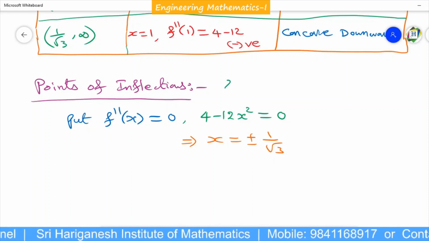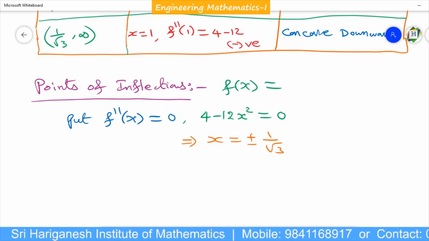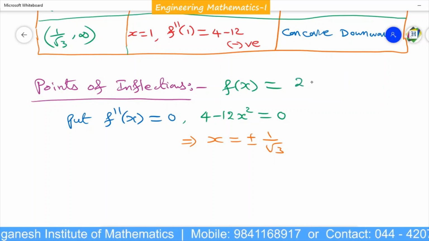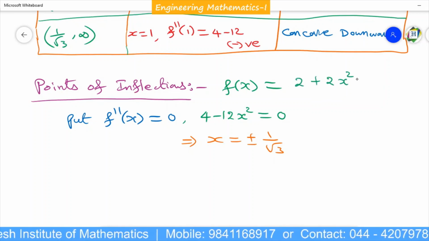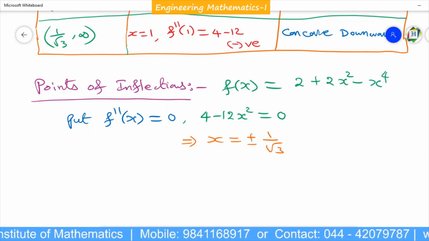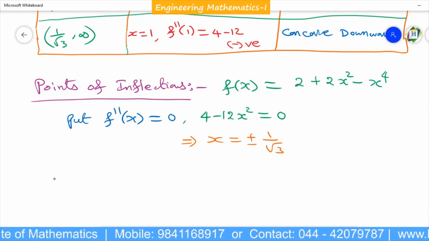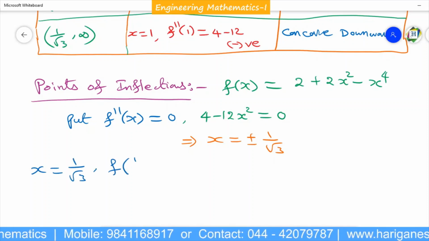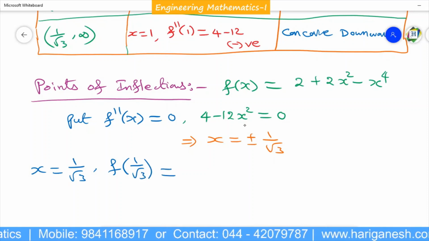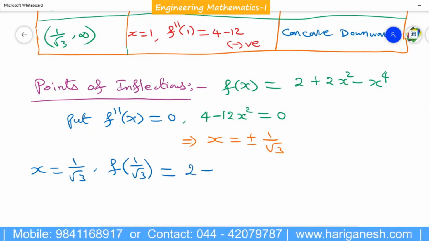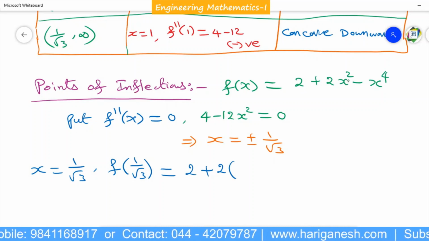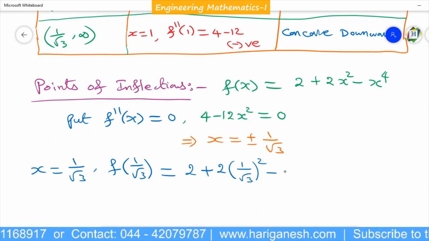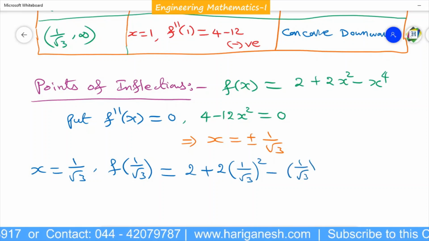So what is the given function f of x? The given function f of x for this problem is 2 plus 2x square minus x power 4. So here I want to substitute. First you put x is equal to 1 by root 3. Then f of 1 by root 3 is equal to 2 plus 2 into 1 by root 3 the whole square minus 1 by root 3 the whole power 4.